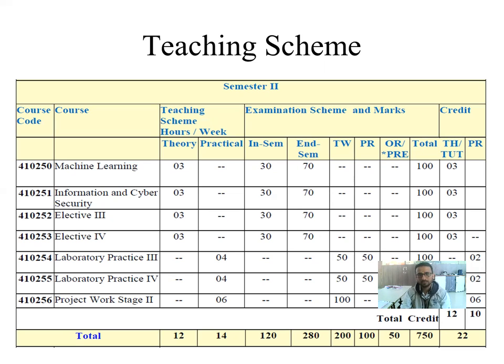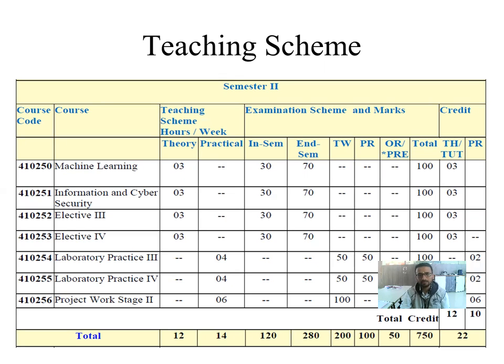We are going to complete the syllabus, or all the topics that we have been provided, with the help of this 3 hours per week time span. The examination scheme for this subject has two types of examination.